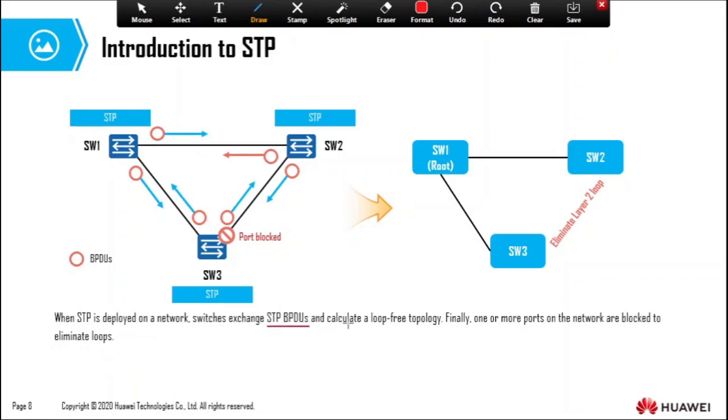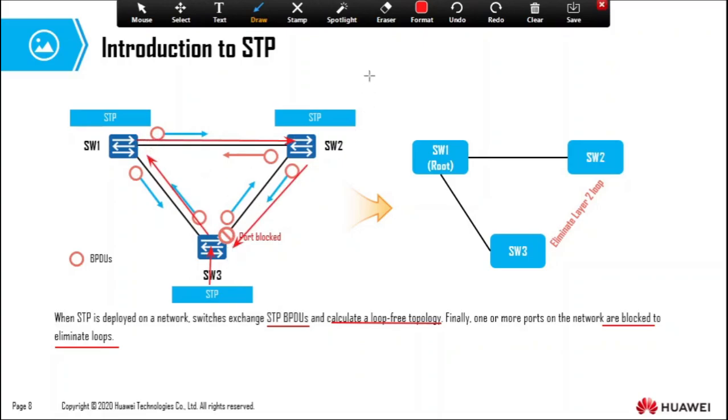In this example, when STP is deployed on the network, the switches are going to exchange STP BPDUs and calculate the tree topology. Finally, one or more ports on the network are going to be blocked in order to eliminate the loops. We have already seen that when we have a connection like this and we receive a broadcast, we're going to have a loop.